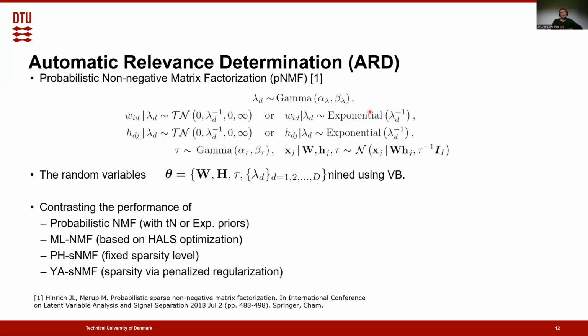Because we are interested in non-negativity, and both of these give non-negativity. An exponential distribution is similar to doing an L1 norm penalization on your parameters, and truncated normal is similar to doing an L2 norm. And then we have our noise precision, and here we have our data point K, which comes from some W matrix, some H of K vector, and tau, and then we have this likelihood here.